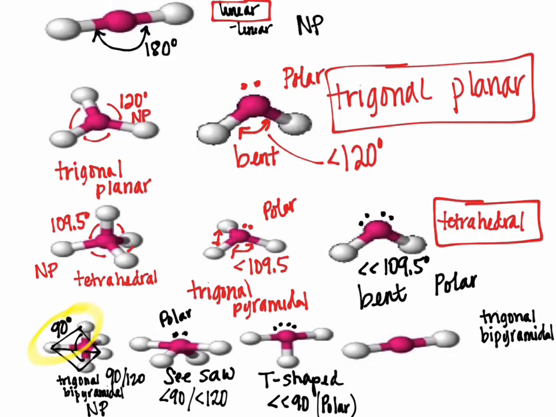The next one, now we've removed all three of those ones that were giving us our 120 degree angles. Those are all removed, which means we have three lone pairs. This is trigonal bipyramidal, and this is linear.